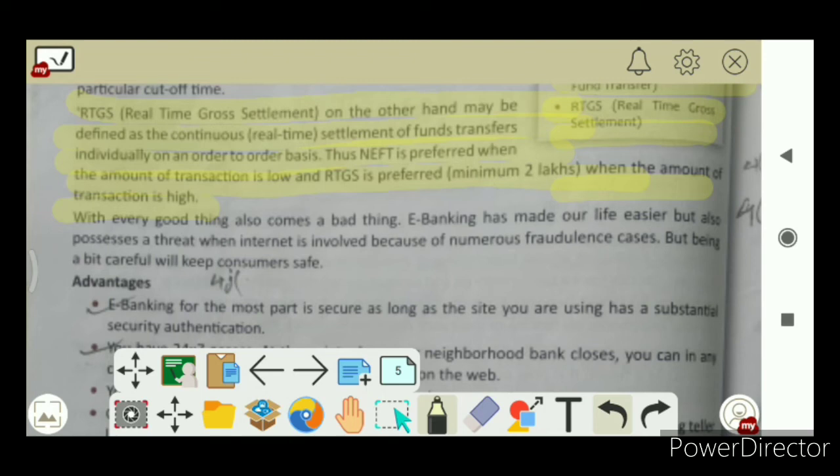Now, these are the several services provided by e-banking. But with every good thing also comes a bad thing. E-banking has made our life easier, but it also possesses a threat when the internet is involved because of numerous fraudulent cases. But being a bit careful will keep consumers safe.